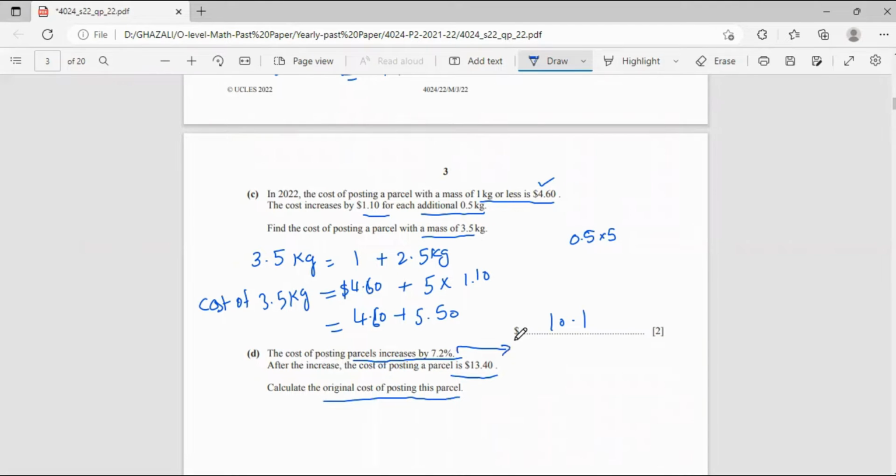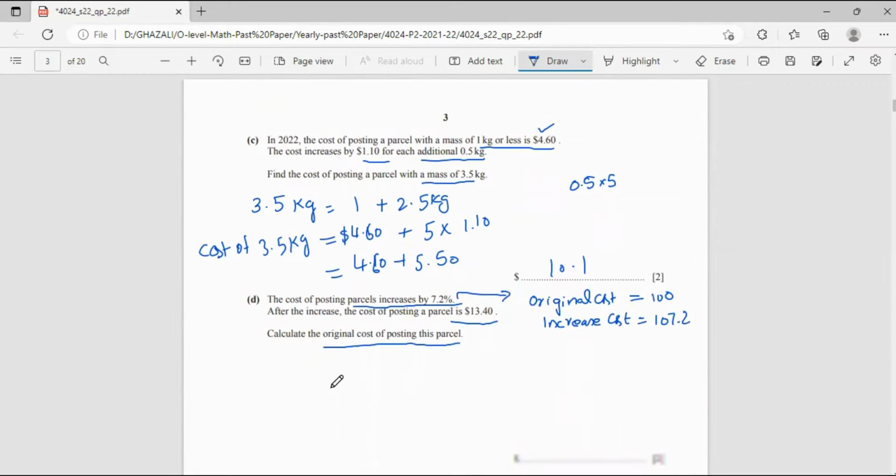It means if the original cost is 100, then the increased cost would be 100 plus 7.2, which is 107.2.